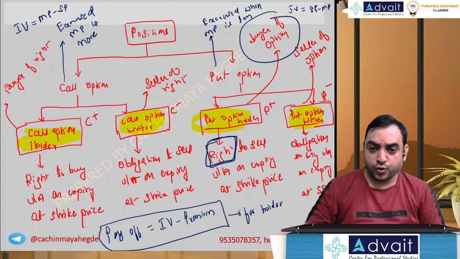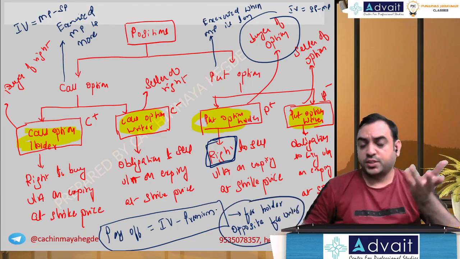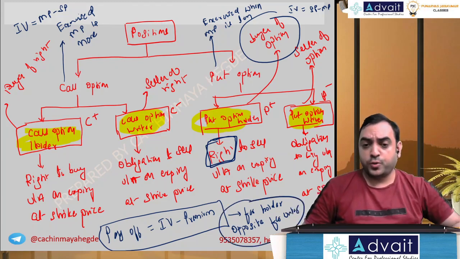Also mention this is for holder and opposite for writer. This will be opposite because premium minus intrinsic value will be opposite for the writer.